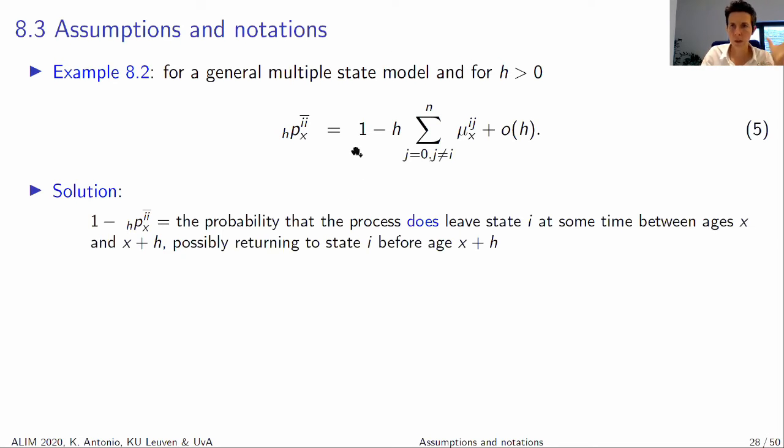So I'm going to look at the complement of this probability of staying. So I'm going to look at 1 minus the probability of staying. So that is the probability that the process does leave state i at some time between ages x and x plus h. Possibly it is returning to state i before x plus h, but that doesn't have to be the case, right?